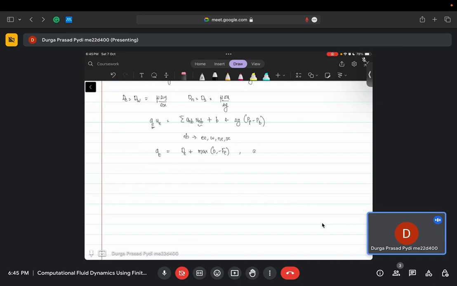Similarly, for A west, A north and A south, there won't be any differences. I'm writing U as a superscript, so these are the equations I get when I'm discretizing the U momentum, or the X momentum.